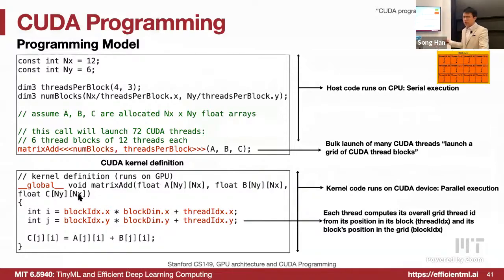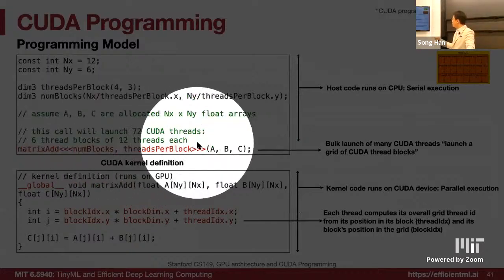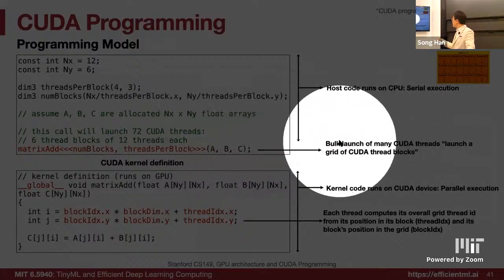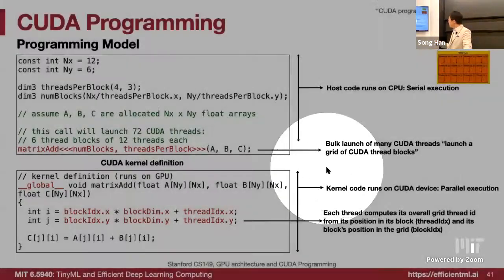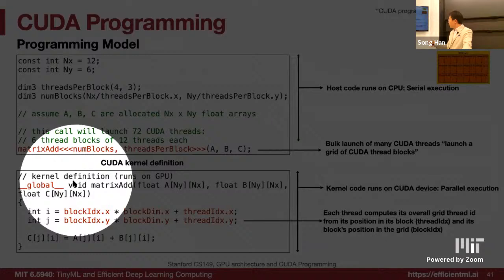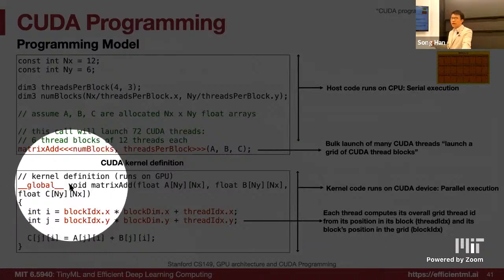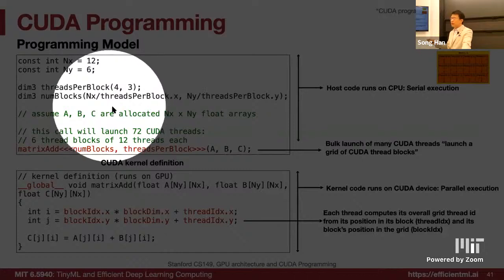So let's continue. Here we are launching 72 CUDA threads at the same time, and each thread is going to execute this function. This is the device function. Device means this piece of code runs on the GPU, versus this piece of code runs on the CPU.